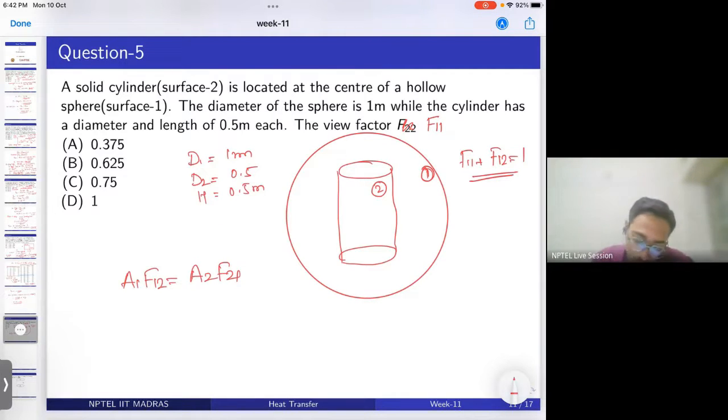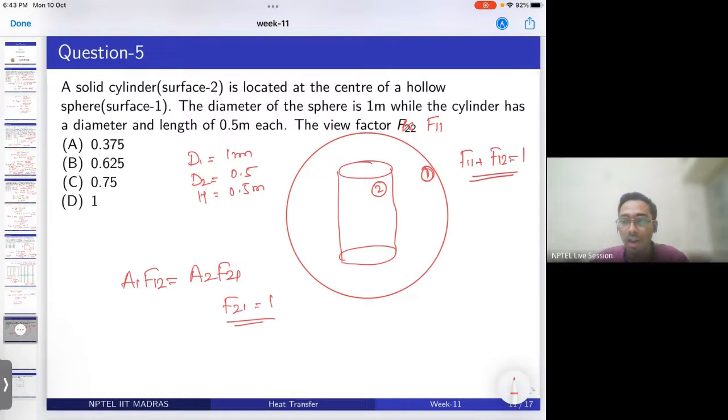We are asked to find F11, so F12 we have to find out. F21 will be equal to 1, because whatever emission the cylinder is emitting will not fall on the cylinder at all, as you can imagine from the geometry itself.